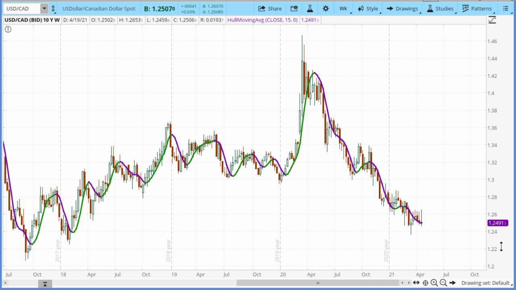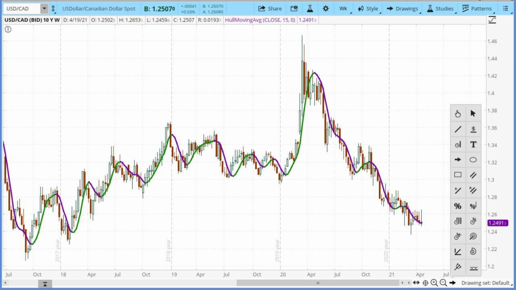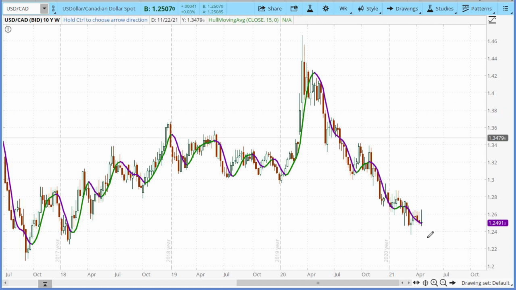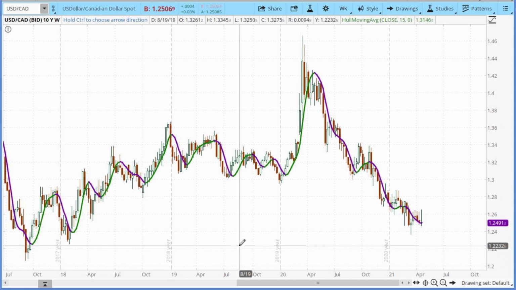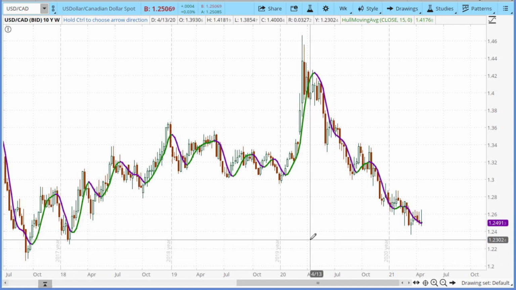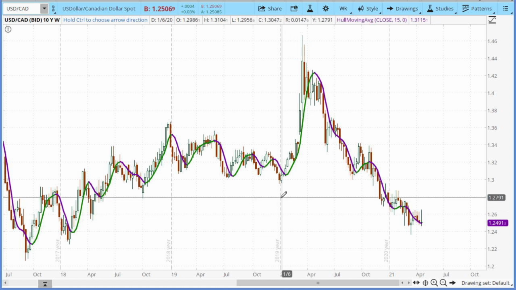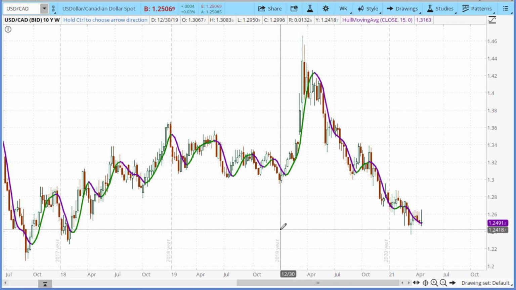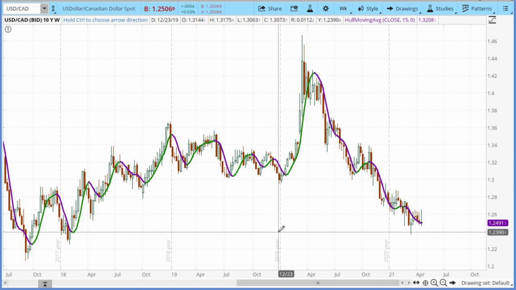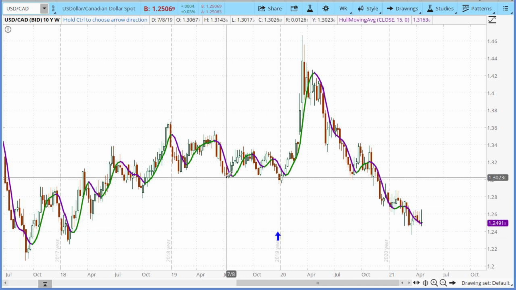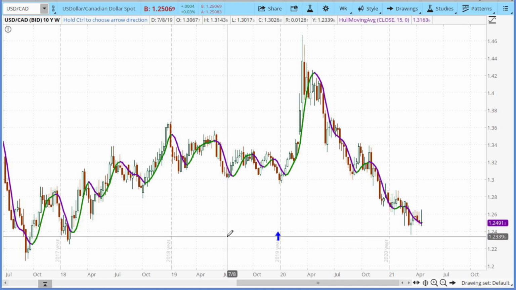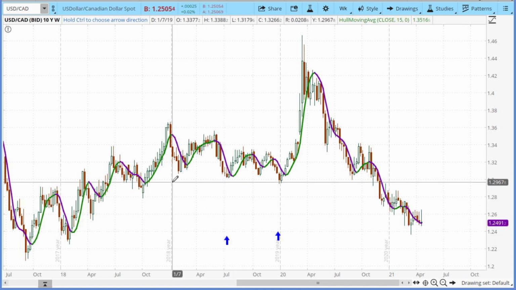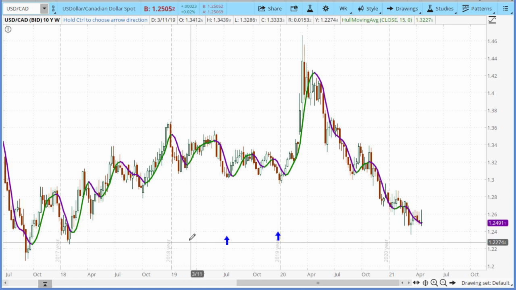So I just want to look at where some key lows are that might identify the rhythm in this particular symbol. I can see a pretty important low right over there. I'll put a little arrow there, and there's another one right over there, and another one right over here.